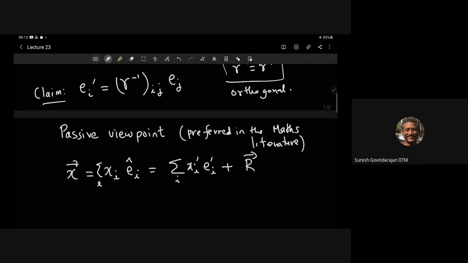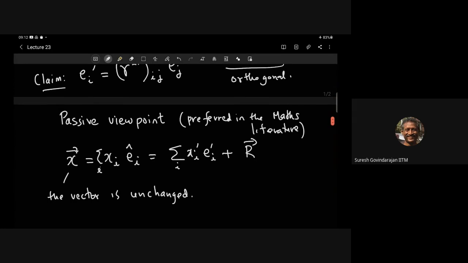Okay. So in the passive viewpoint, the vector is unchanged. Is this clear? So the vector is unchanged, but the components will change.